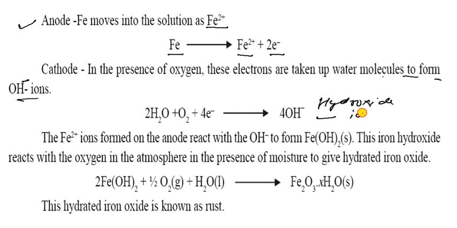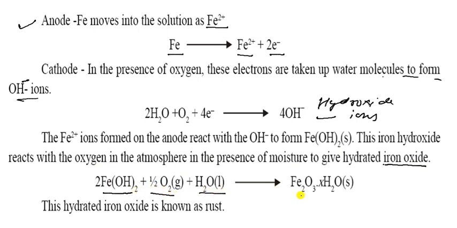So you can see the reactions in this. At the anode, iron moves into the solution as Fe2+. Iron loses 2 electrons, so it gets Fe2+ and 2 electrons are removed. At the cathode, in the presence of oxygen, these electrons are taken up by water molecules to form OH ions. It is negative here.